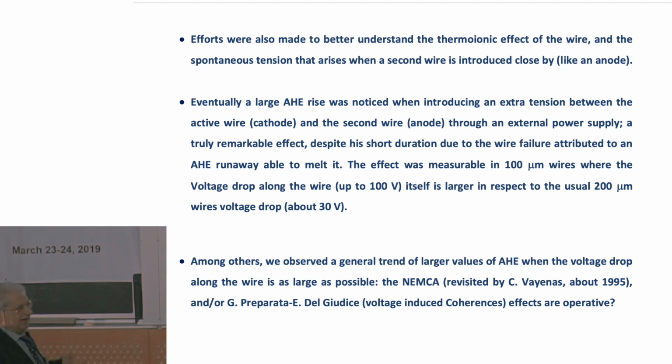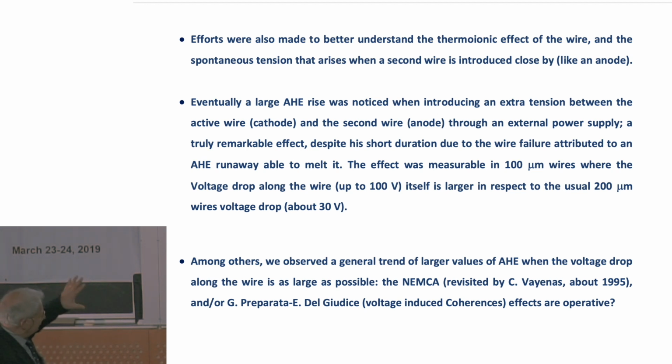It means like an attractive force in long thin wire. This phenomenon was discovered in 1908, then forgotten, and in 95 Vienna found it again, and he became very famous worldwide. He wrote a paper, he got a star position at the European Parliament, but he found it by himself.